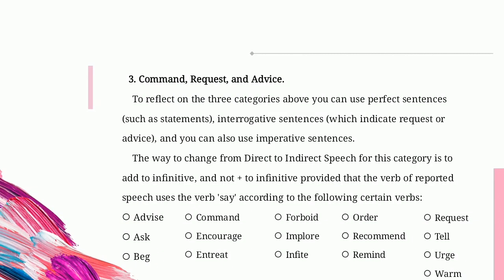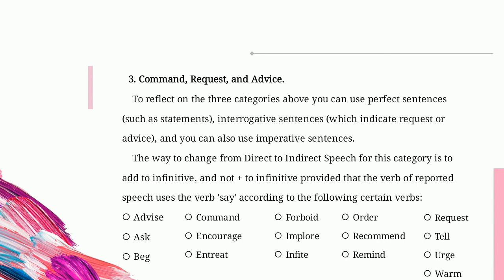Next is command, request, and advice. To express these three categories, you can use declarative sentences such as statements, interrogative sentences which indicate request or advice, and you can also use imperative sentences.